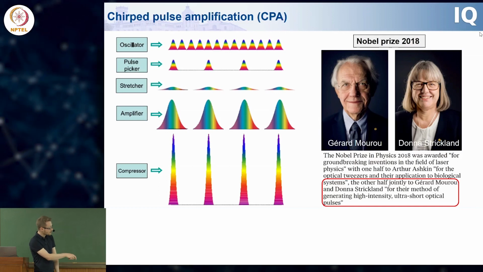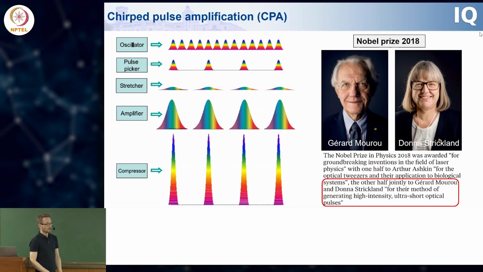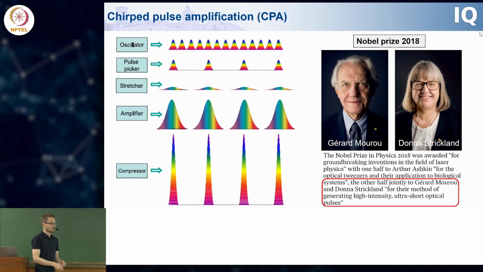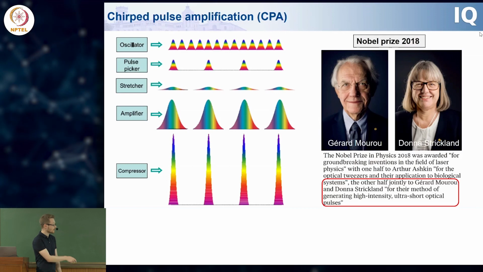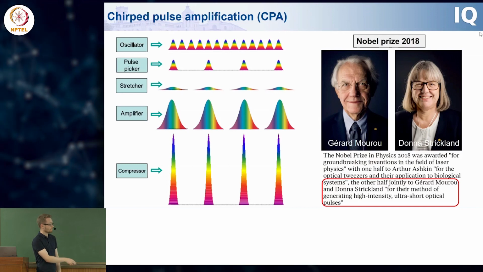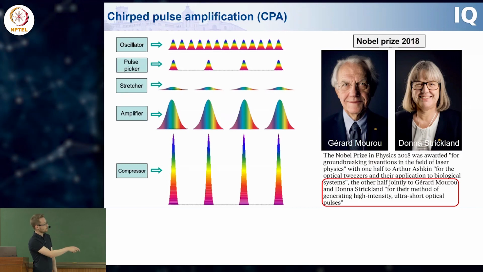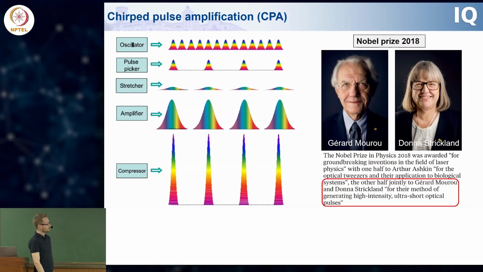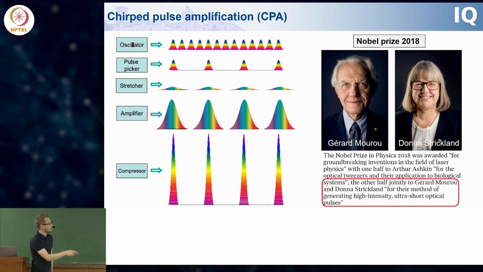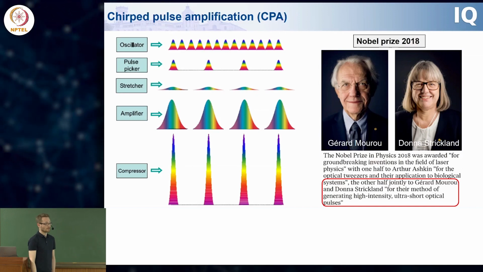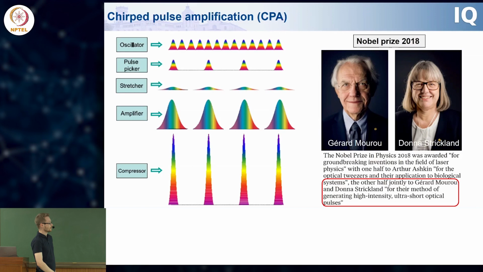So you can compress these pulses back together, reaching intensities in the 10 to the 15, 16, 17 watts per square centimeter range with this concept. As I said, it was the Nobel Prize in 2018 for Gerard Mourou and Donna Strickland, which opened up the field of strong field physics quite a lot.